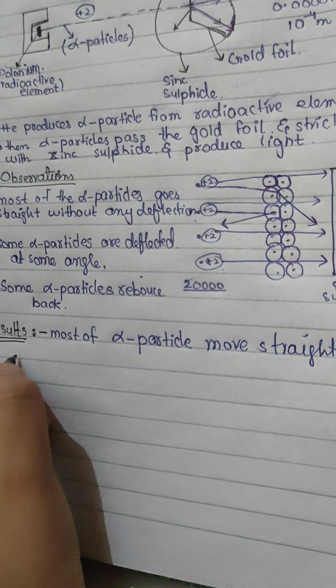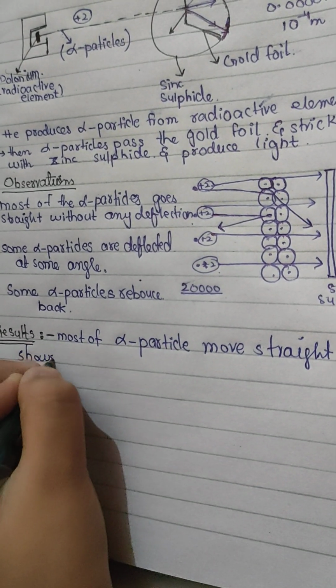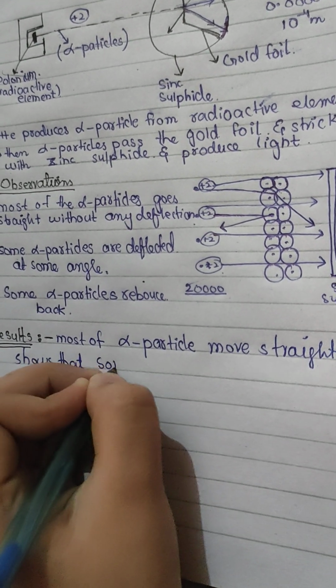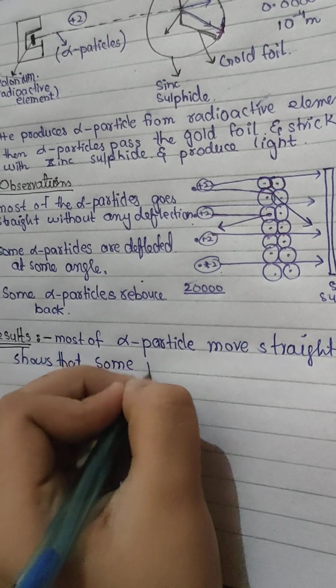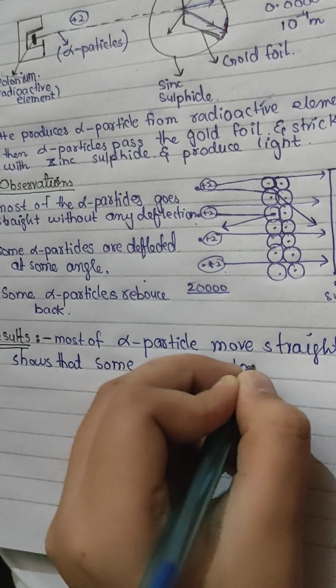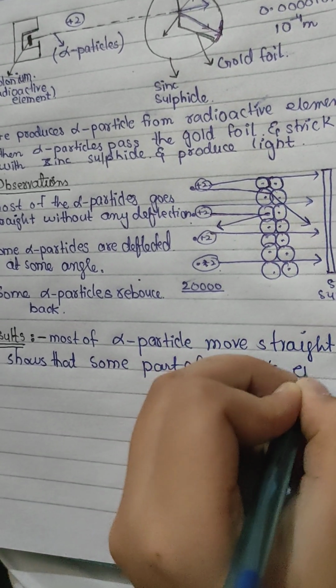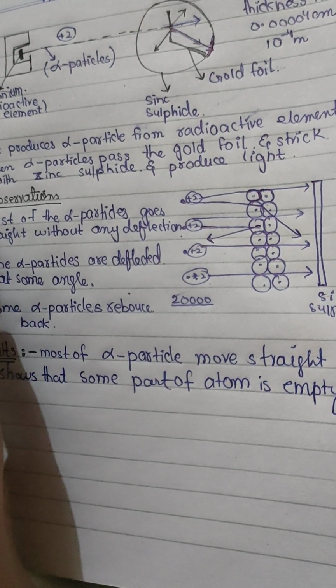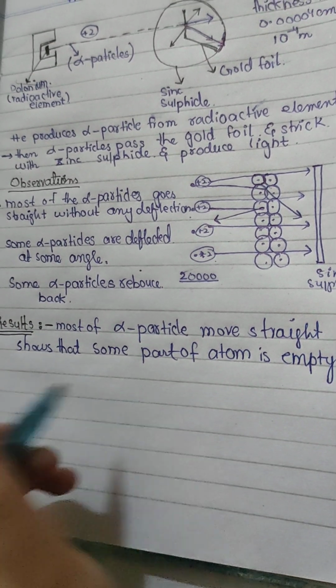When they move straight, it shows that some part of an atom is empty. Empty means khali. After looking at this observation, he gave this result.